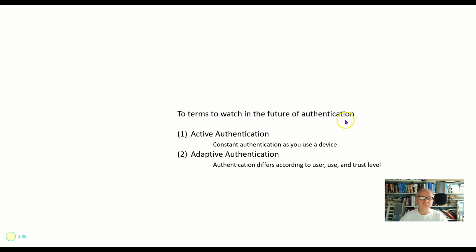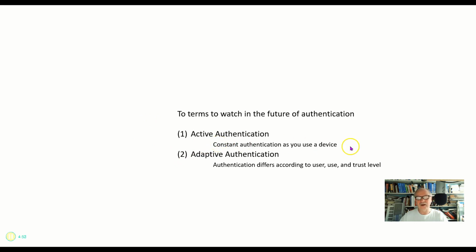Here are two terms to watch for in the future of authentication: active authentication. And in the notes I'm going to drop in a video about active authentication that is a news story by CBS News, in which they demonstrate things like swiping the screen and other things, the way you walk and so forth.